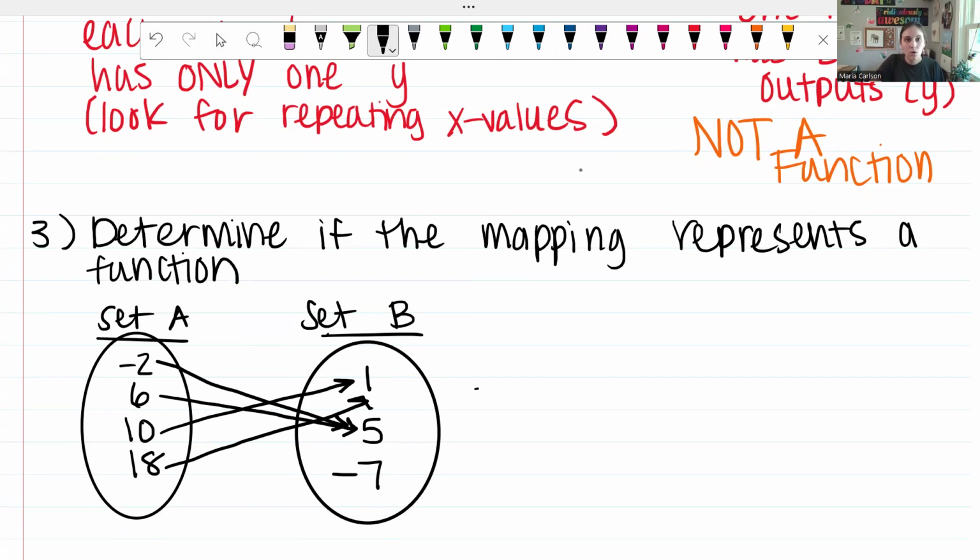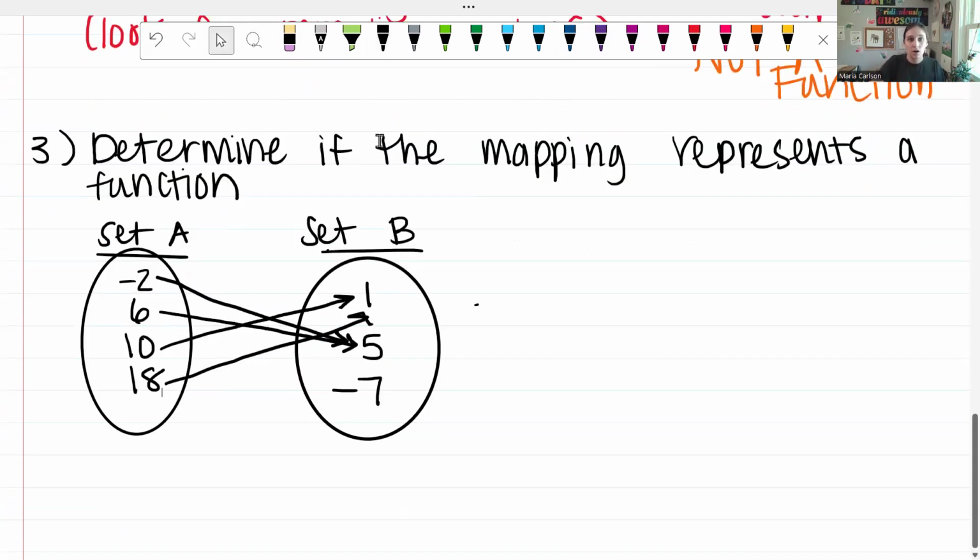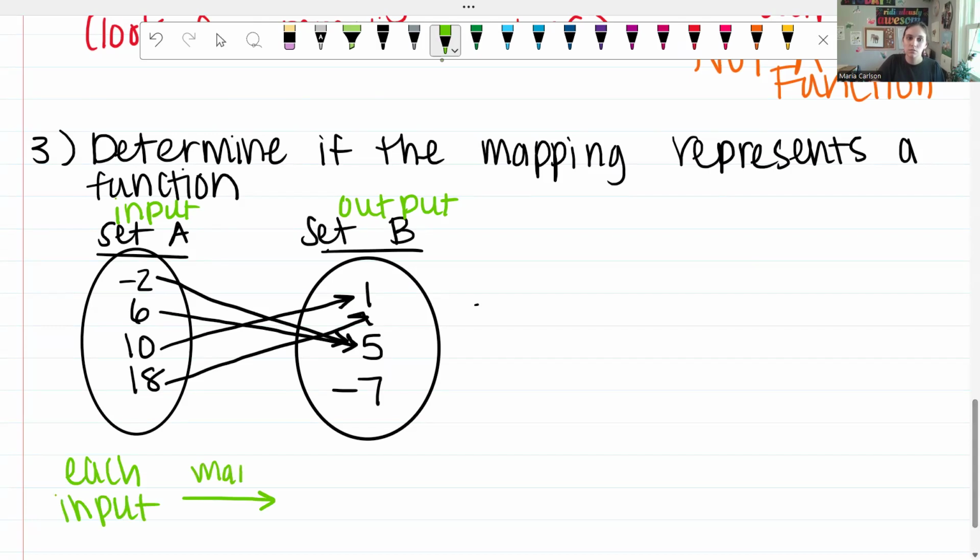So we really want to see our inputs here are the values in set A. So this is like our inputs or our x values, and set B is our outputs. So I want to make sure that each input maps to only one output. If you have one arrow going to multiple places, that is an input with multiple outputs.